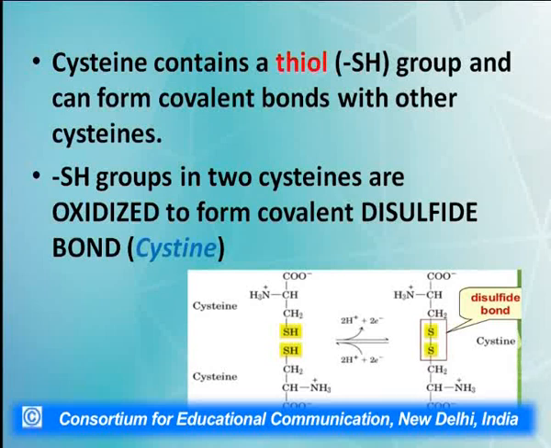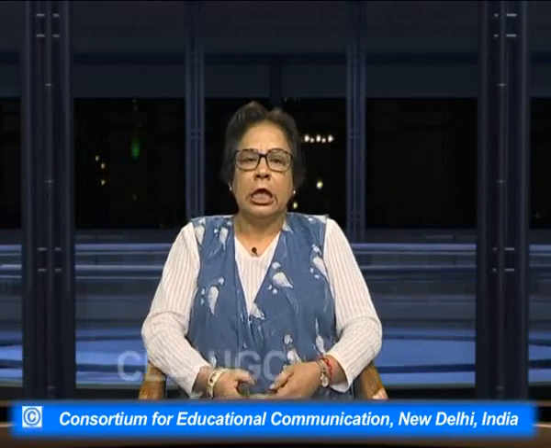During oxidation the two hydrogens are removed and a covalent disulfide bond is formed between the sulfur atoms of the two cysteine molecules, resulting in the formation of cystine. And this cystine then plays a very important role in enzyme and protein activities.